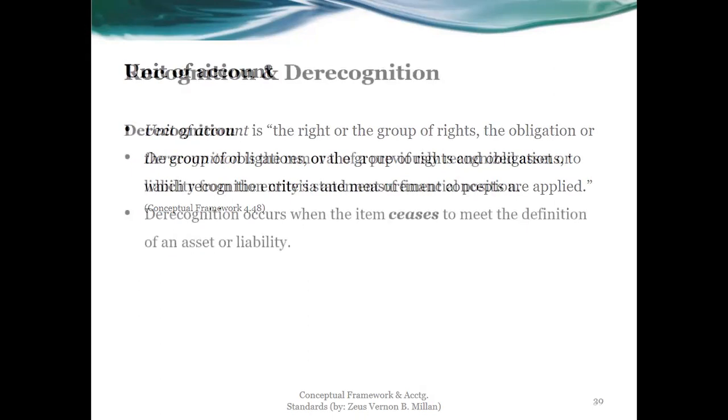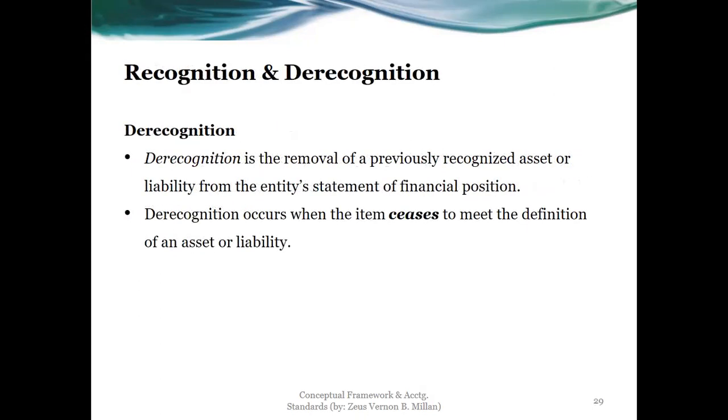All right, so before we go into that, of course, the derecognition would also happen when the recognition principles of asset and liabilities would not be satisfied anymore. So we know that there are two recognition principles of the asset and liability.